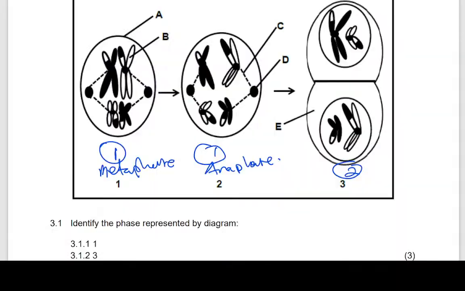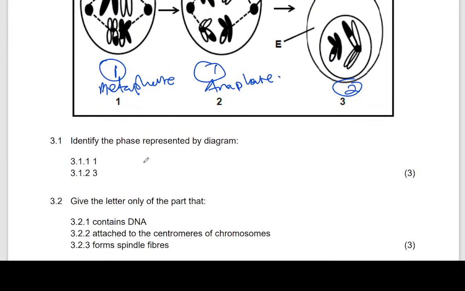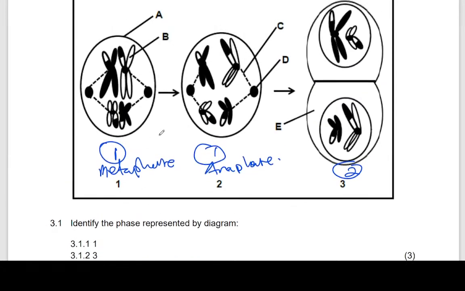They are saying give the letter only of part number 1. What is number one? It contains DNA, meaning either a gene, a chromosome, or a chromatin network. In this case, we have chromosomes. So the answer is going to be B, because chromosomes are made up of genes, and genes are made up of DNA.